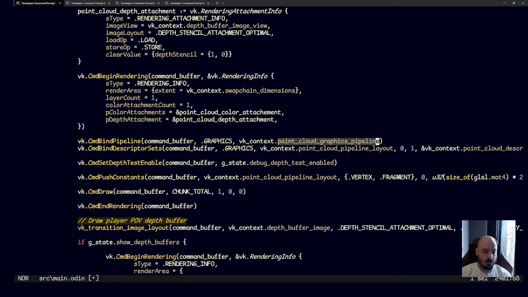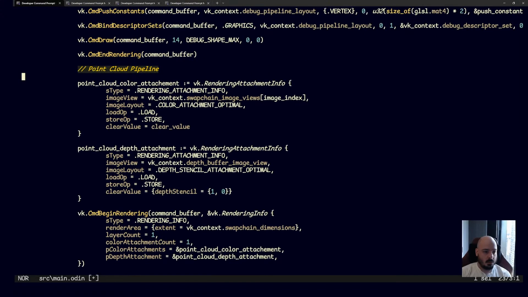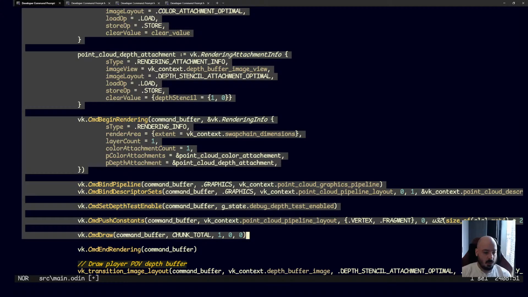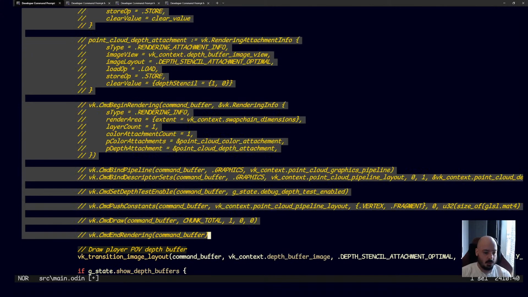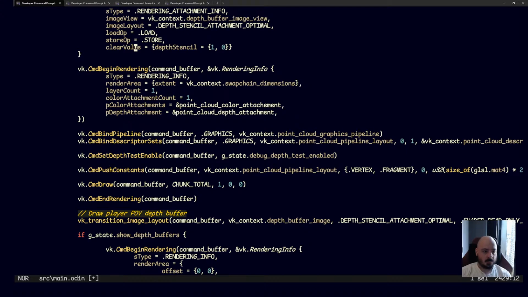Point cloud graphics pipeline is down here. And we're going to do another, actually, yeah, I'll just copy it. It's fine. I'll comment it out though. We're going to do cube pipeline, I guess.